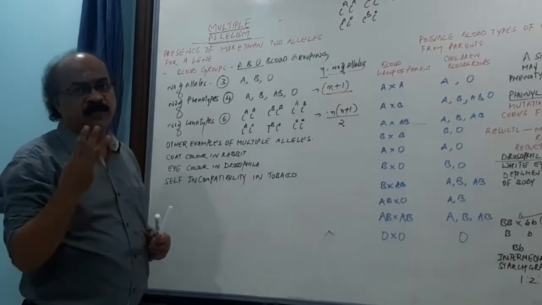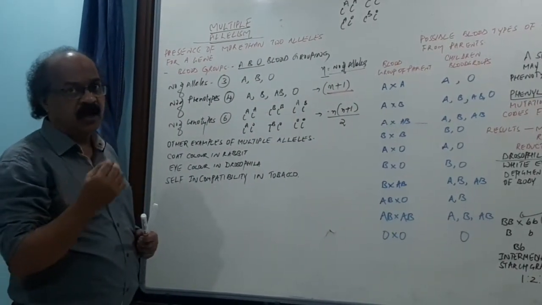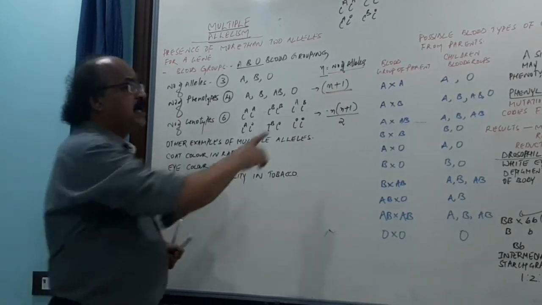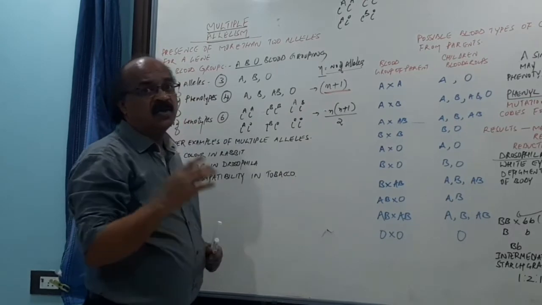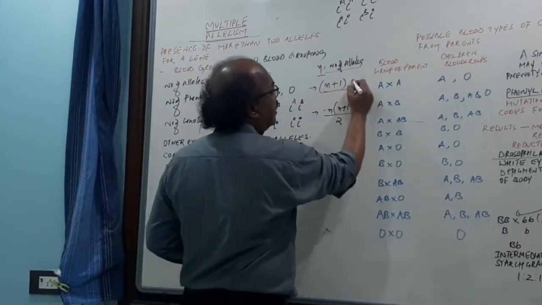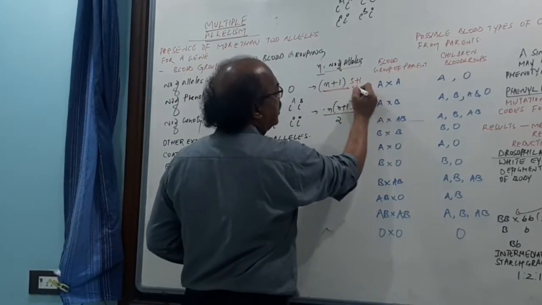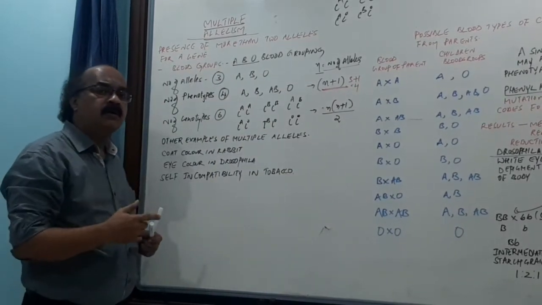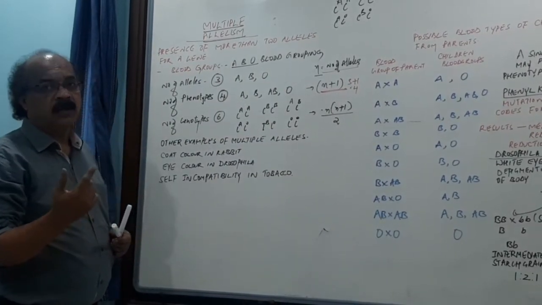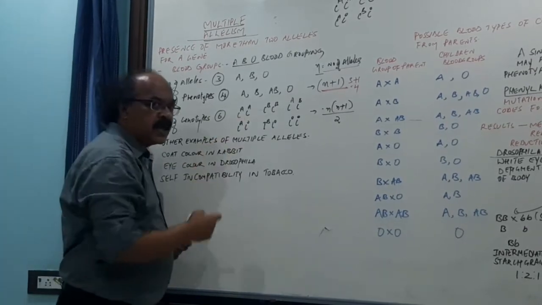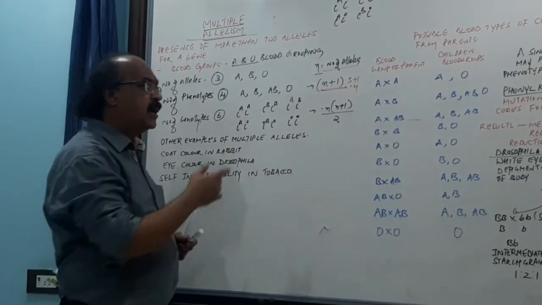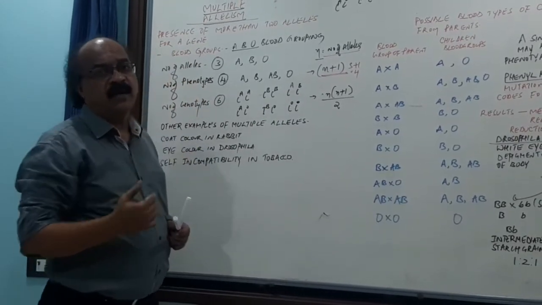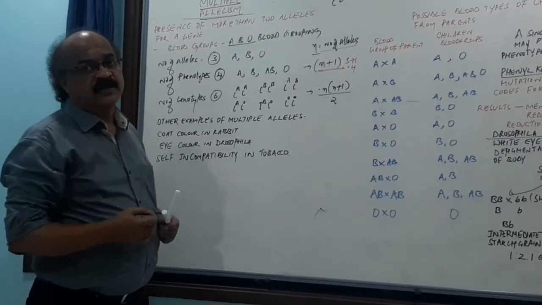The 3 alleles are present: A, B, O. And how many phenotypes? n plus 1, 3 plus 1, there are total 4 phenotypes present. A blood group, B blood group, AB blood group, O blood group. And for the genotypes calculation, the formula is n into n plus 1 by 2, where n is the number of alleles.